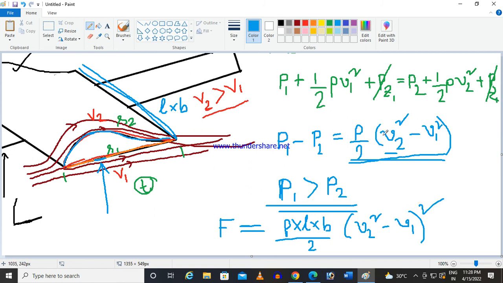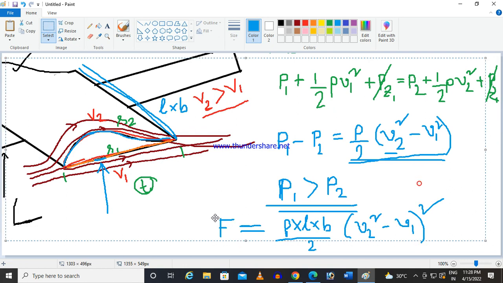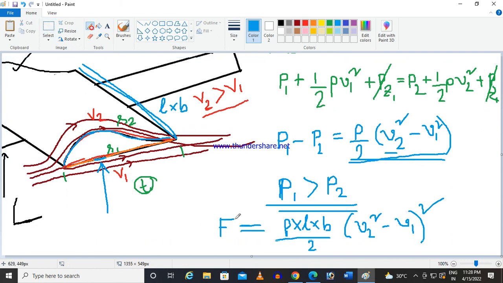So this is a very rough understanding, but in the next lecture, at steady state this value should be equal to the total weight.